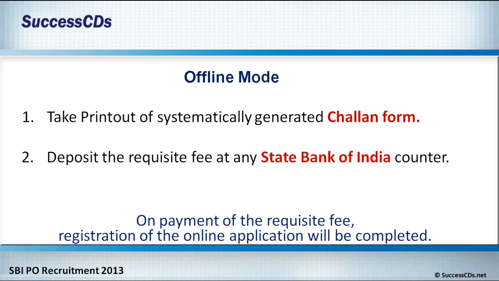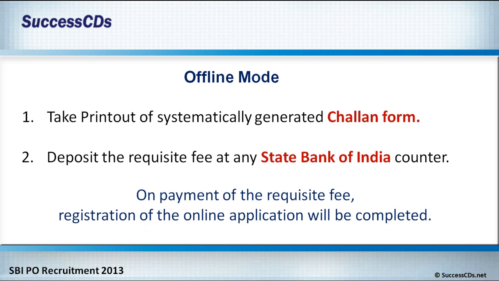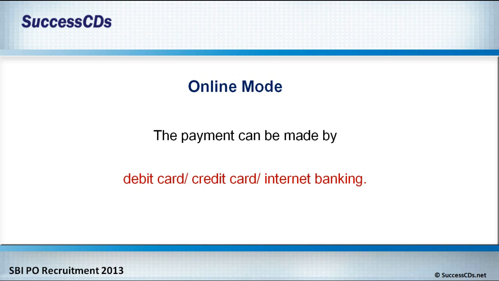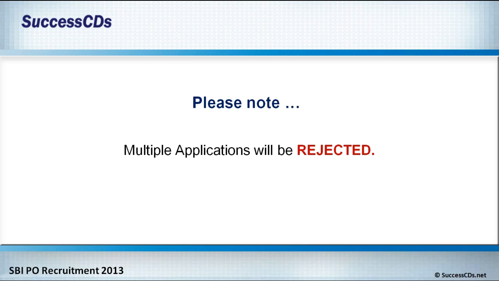Once you deposit the fee, the registration of the online application will be completed. In the online mode, you can make the payments either through debit card, credit card or internet banking. Please note that multiple applications for the same person will be rejected.